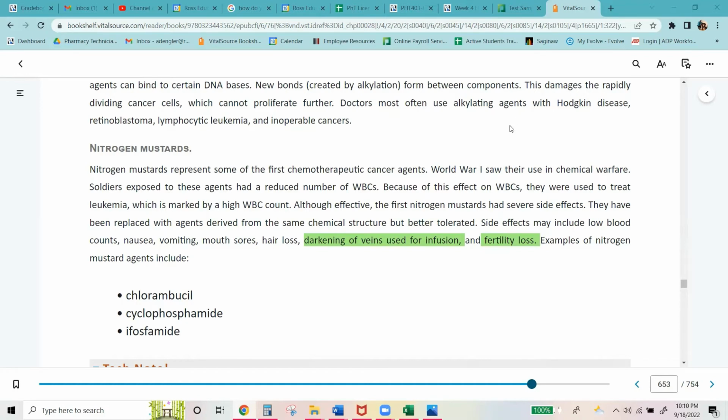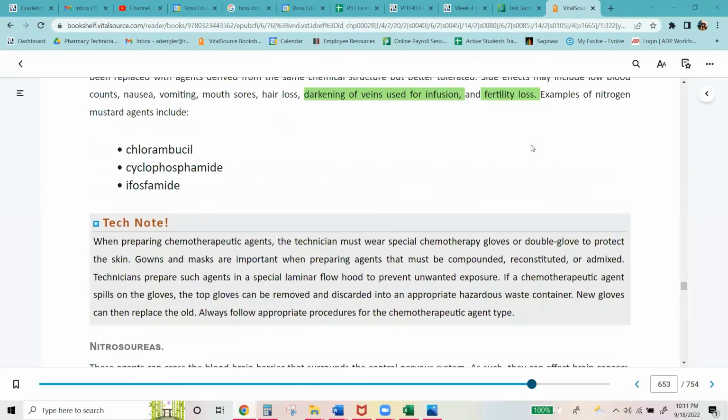Because of this effect on white blood cells, they were used to treat leukemia, which is marked by a high white blood cell count. Although effective, the first nitrogen mustard had severe side effects. They have been replaced with agents derived from the same chemical structure but better tolerated. Side effects may include low blood counts, nausea, vomiting, mouth sores, hair loss, darkening of veins used for infusion, and fertility loss.